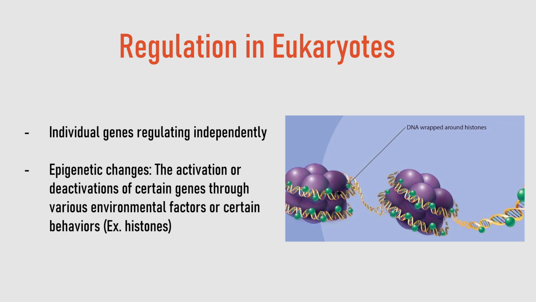The processes of transcription and translation are physically separated by the nuclear membrane. Transcription occurs only within the nucleus, and translation occurs only in the cytoplasm. The regulation of gene expression in eukaryotes can occur at all stages of the process.